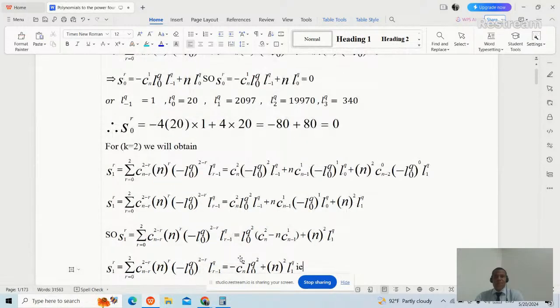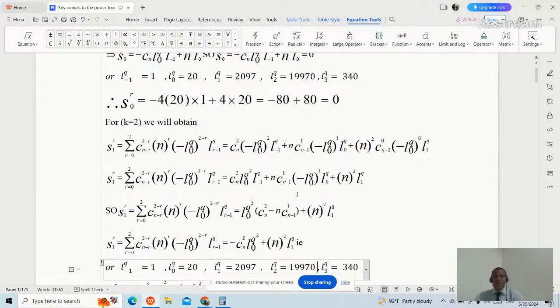I will just write this as I will put all the L0 of order Q squared, times n choose 2 minus n minus 1 choose 1, plus n squared times L1 of Q. This one is known by the discriminant formula of Mr. Sultan Ezouidi when solving quadratic formula, okay.